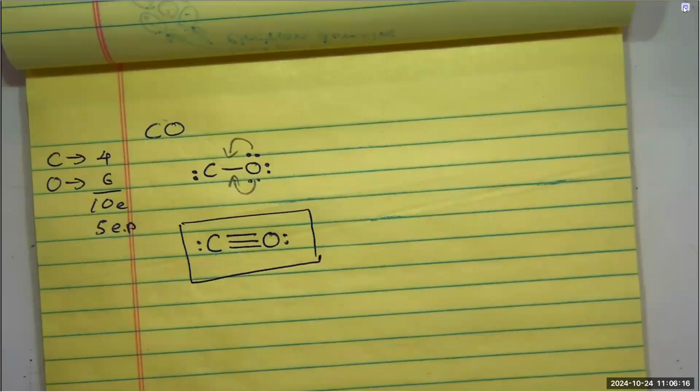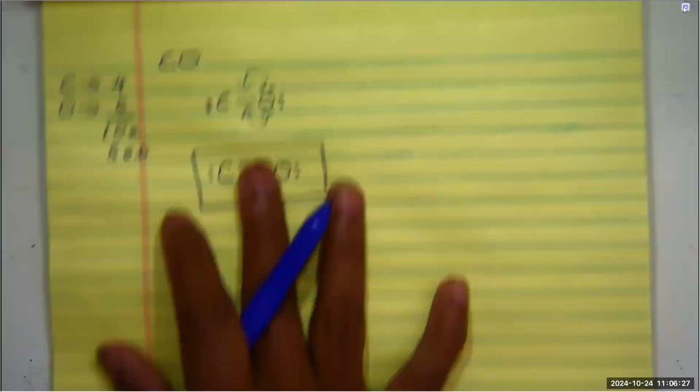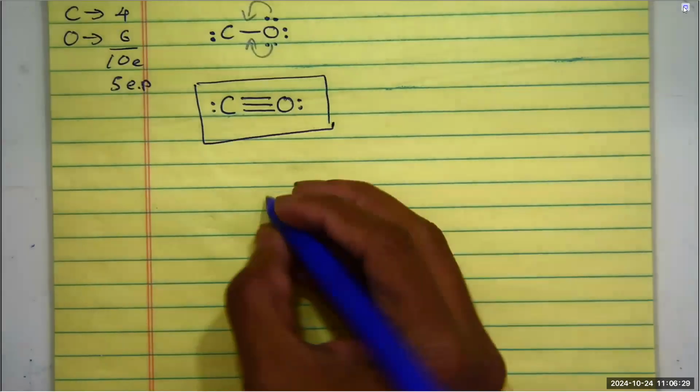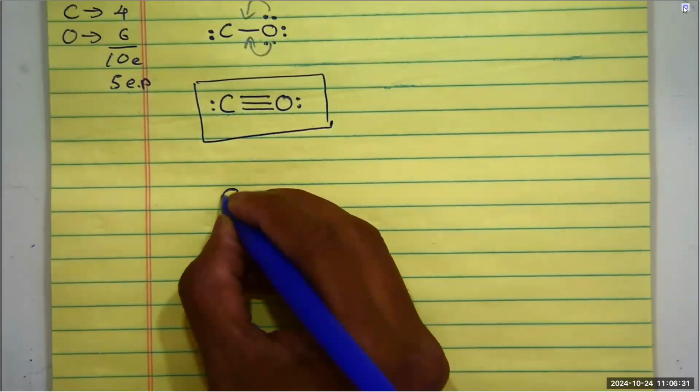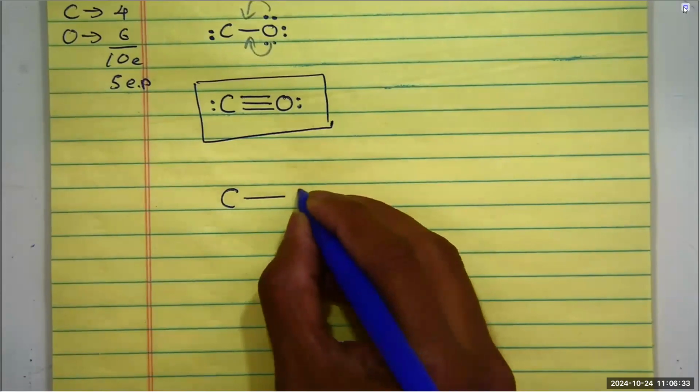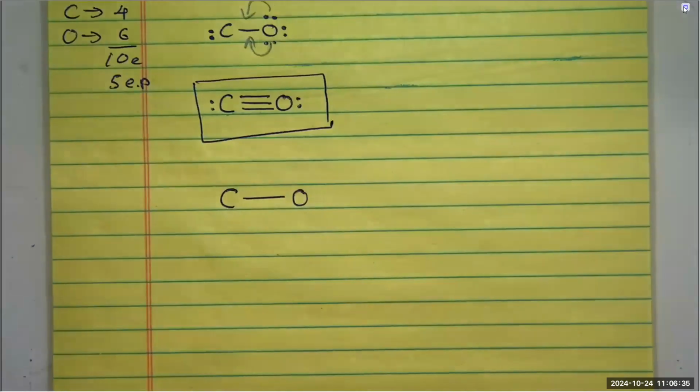Anything? Any questions? All right. Here's another thing that we can think of. Okay. So I'm going to redraw my carbon-oxygen bond. Let's make just one bond. Let's say that we have a carbon-oxygen bond. All right. Here's a question for you. A whiteboard question.